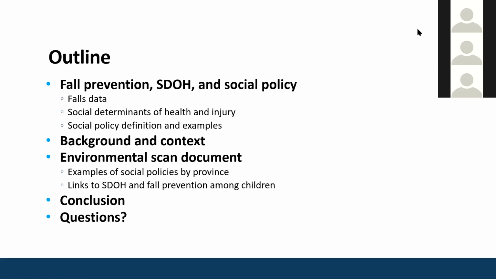And then we'll spend some time highlighting certain elements of the report, including specific examples of social policies and the links between social determinants of health and children's fall prevention by each Atlantic province. And then, as Shamiza mentioned, we'll save questions for the end, but do feel free to enter those into the Q&A as we go through the presentation.